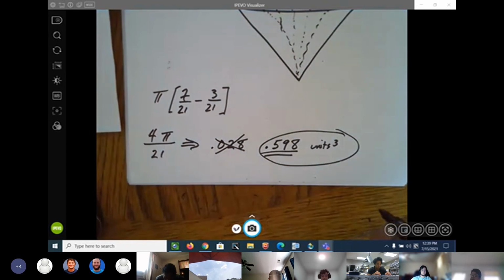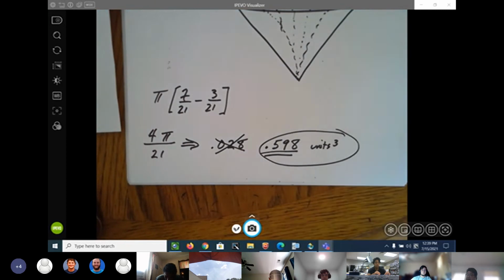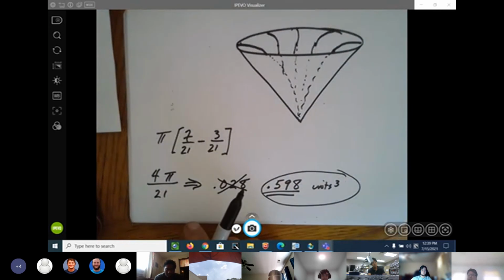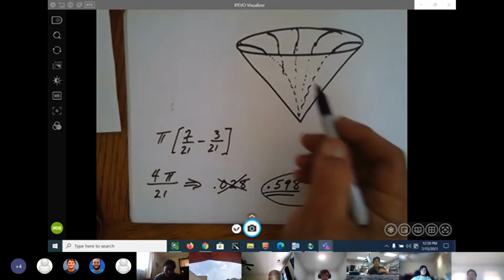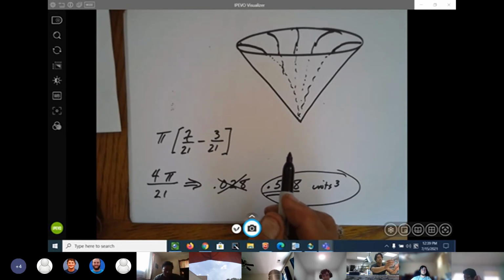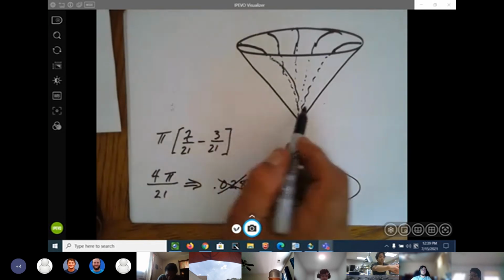I don't know. What does that look like? It looks kind of like a funnel with a cushion in it. I can't think of anything that looks like that. It just looks like a funnel. Yeah, a funnel with a ridge in it.